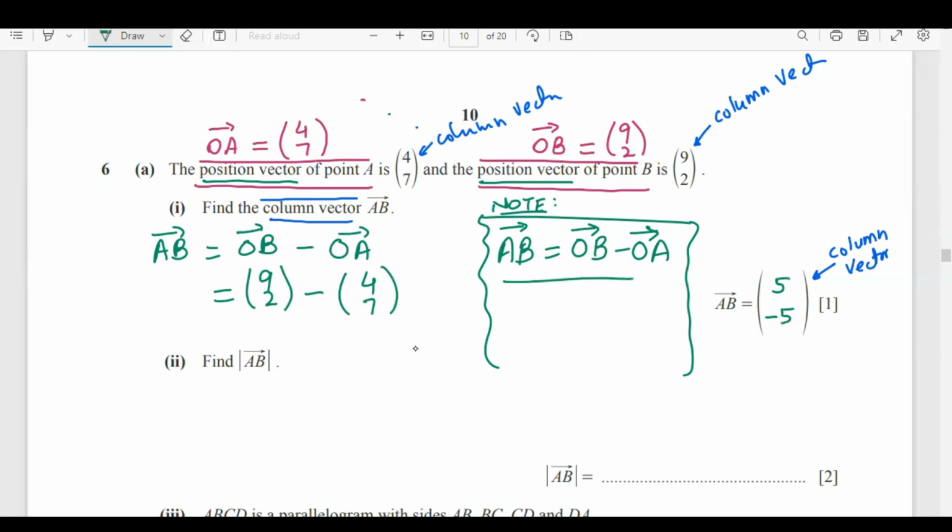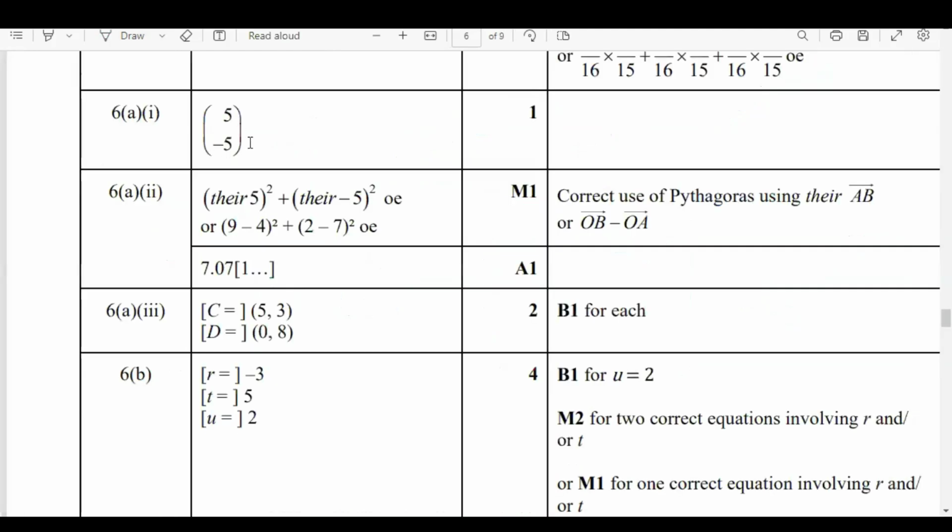This is the solution of part 1, a 1 mark question. Now I'm going to check the answer from the marking scheme. Oh sorry, (5, minus 5) is the correct answer for vector AB.